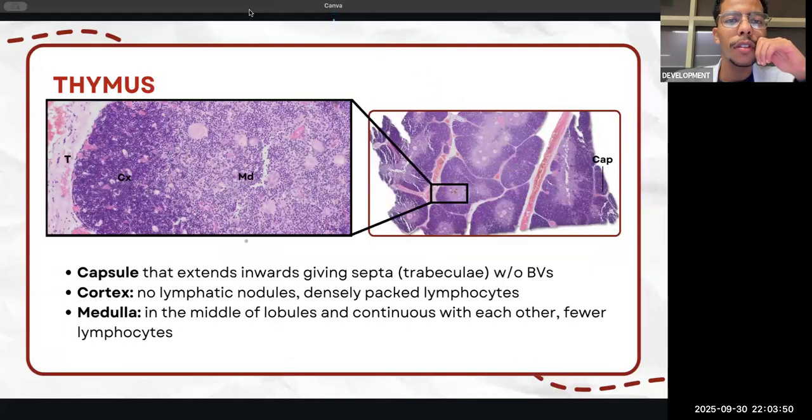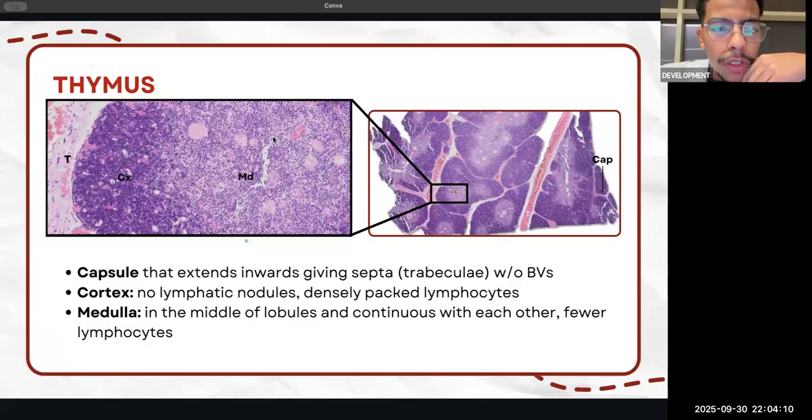Before I move on to the thymus, any questions? Black lines are reticular fibers, yeah.